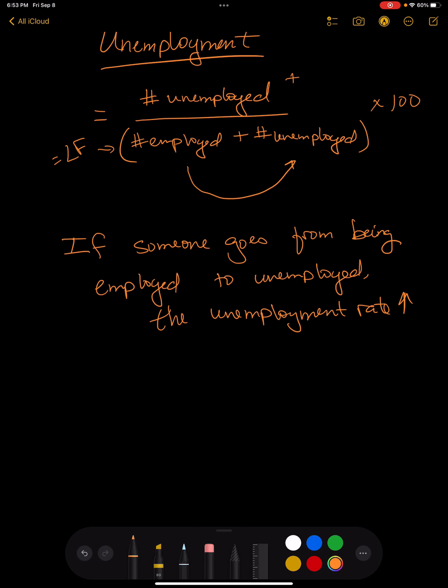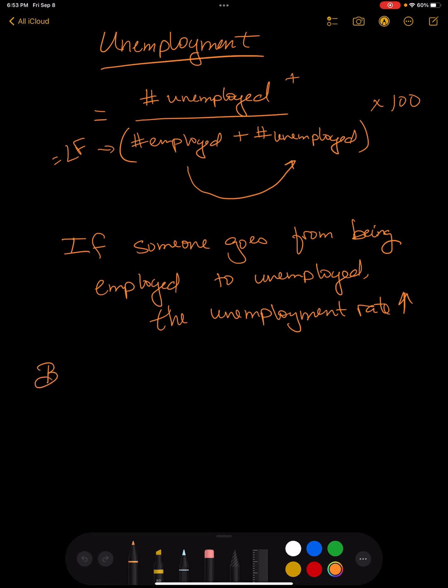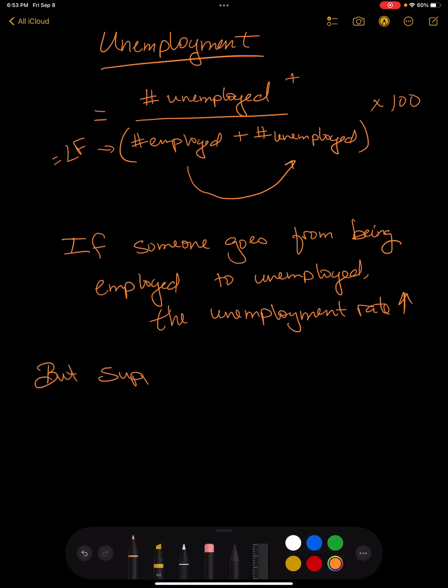Suppose, for example, that somebody who was discouraged. Remember what a discouraged worker is from a previous video. A discouraged worker is somebody who's not in the labor force and not looking for work, not because they don't want to work, but because they just don't have hope that they're going to find a job.